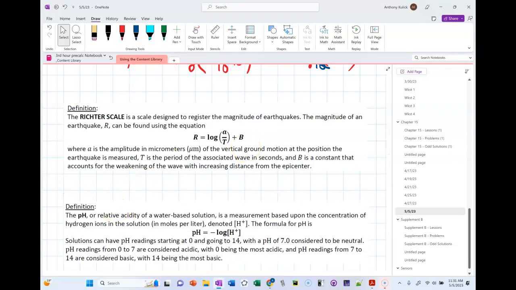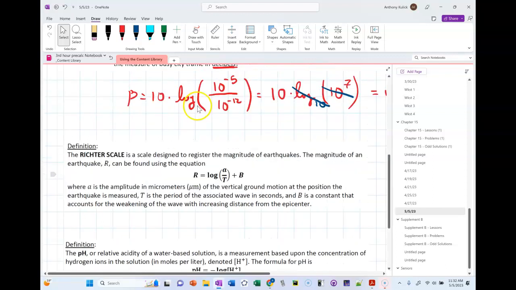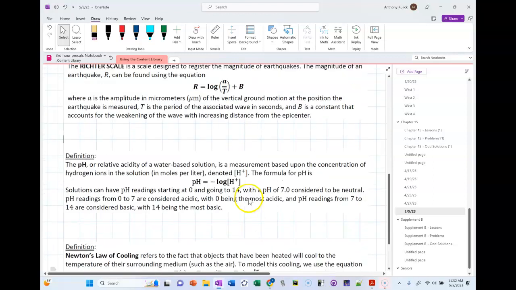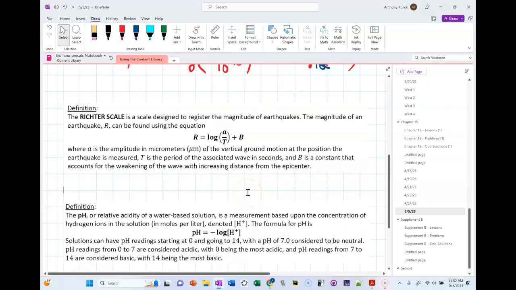Does everybody feel okay about this? Yes, sir. It's a constant. A constant means that it's not a variable. It means it's always the same thing. Like in the previous example, the I naught is a constant because I naught is always 10 to the negative 12, right?